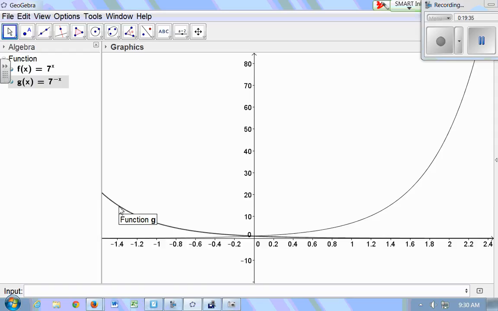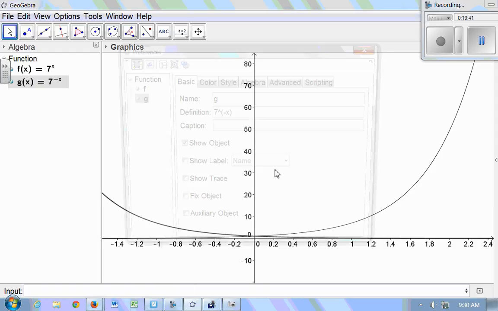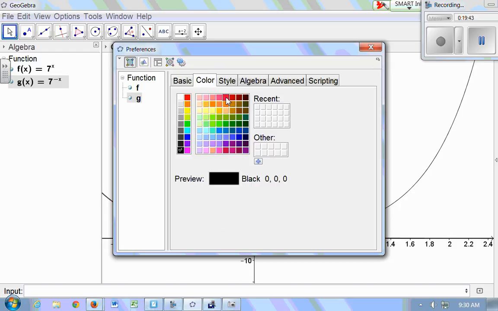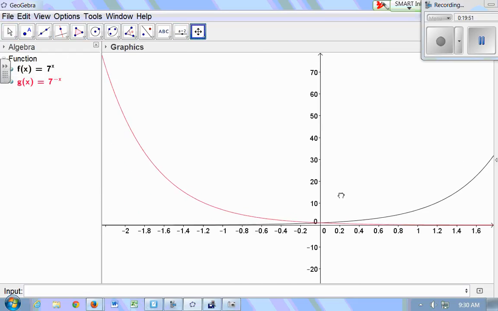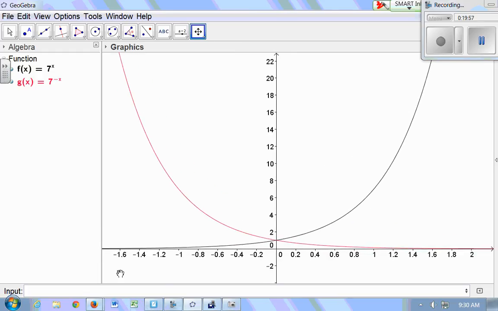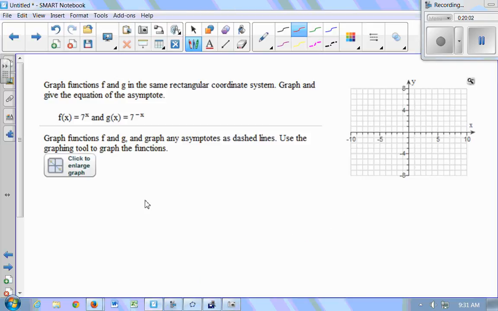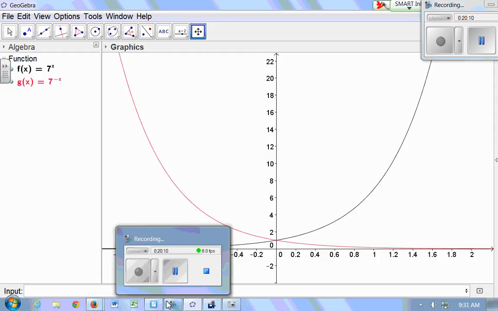I'm just going to change the color so we can keep track of them. All right, so the black one is 7 to the x, and the pink one is 7 to the negative x. And the asymptote on both of them looks like it is the x-axis, right? And what's the equation of the x-axis? Y equals 0.